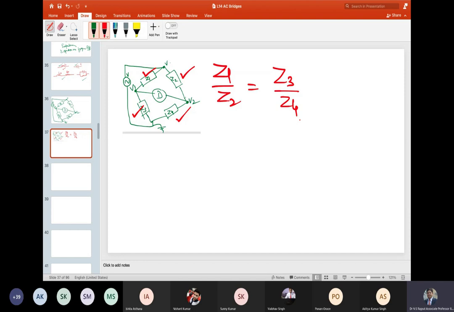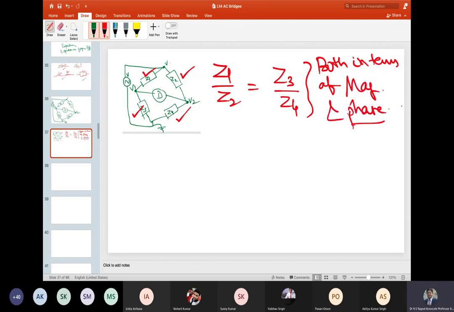Directly taken from your Wheatstone bridge. This should hold both in terms of magnitude and phase, right? This is the beauty of AC bridges: since these are impedances and we are feeding an alternating signal, some high frequency signal, naturally magnitude and phase both of them will come into the picture.